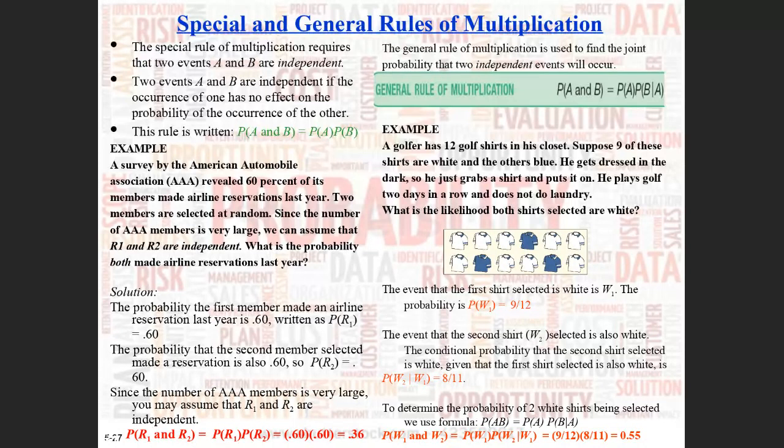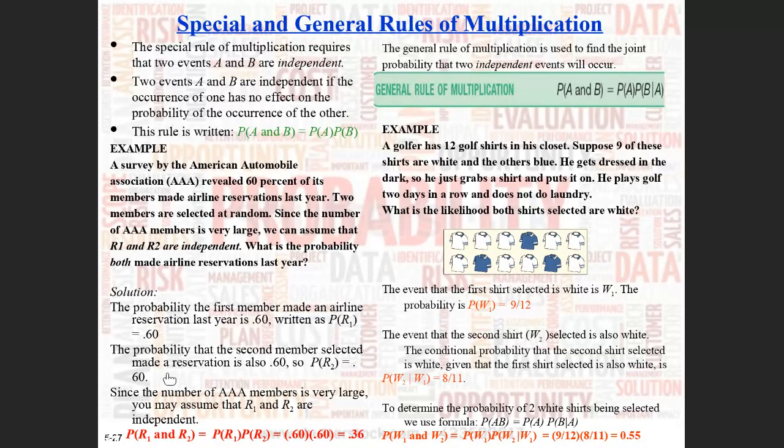Okay, over here on the left side, the solution. The probability the first member made an airline reservation last year is 0.60, written as P of R1, which is reservation 1, equals 0.60.